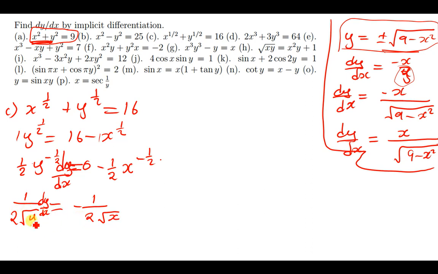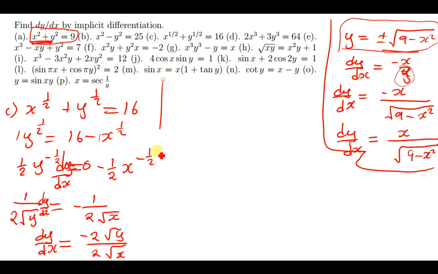So when we find dy dx by making it the subject, when you cross multiply, you're going to have negative 2 root y over 2 root x.